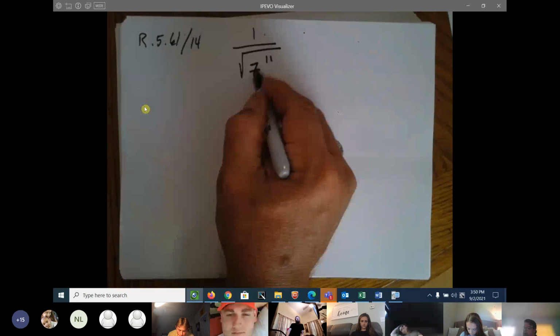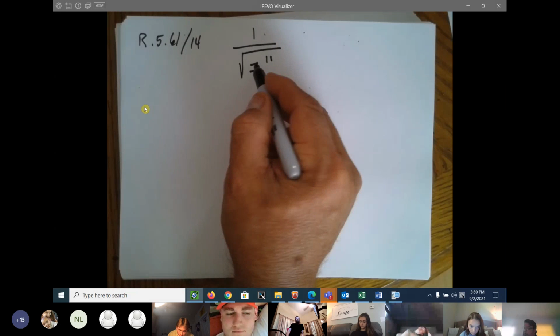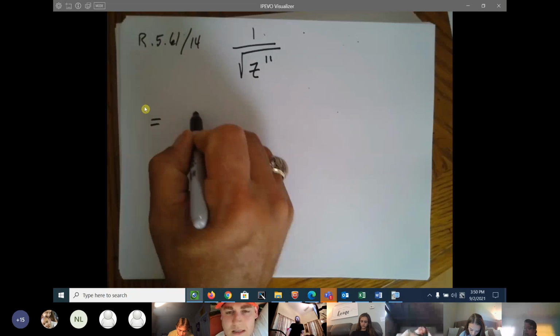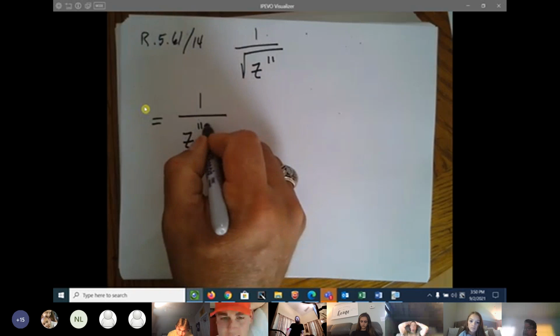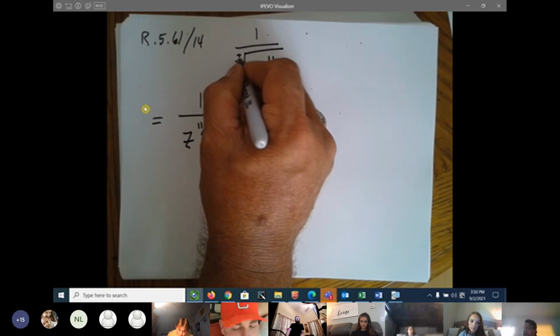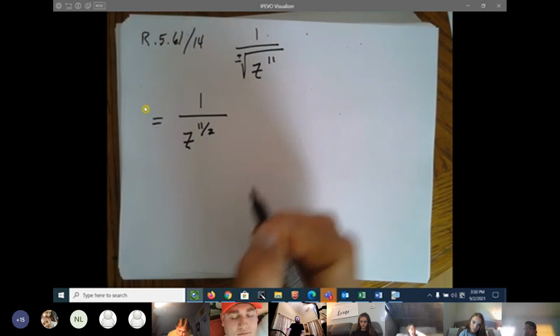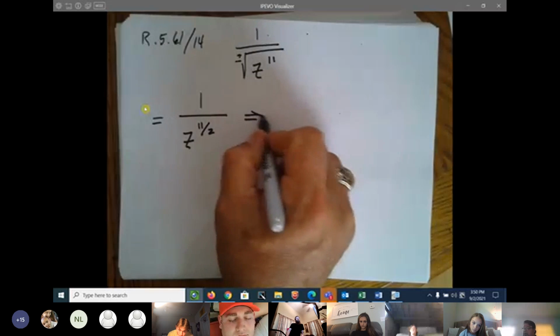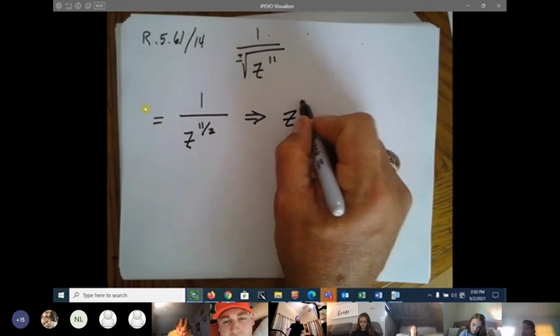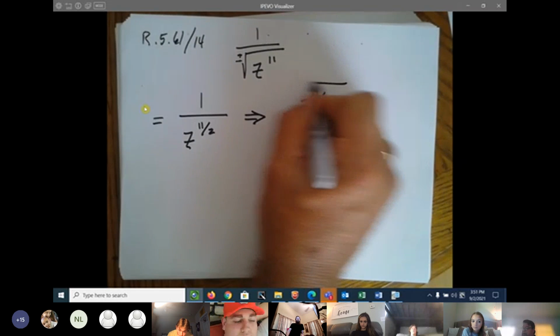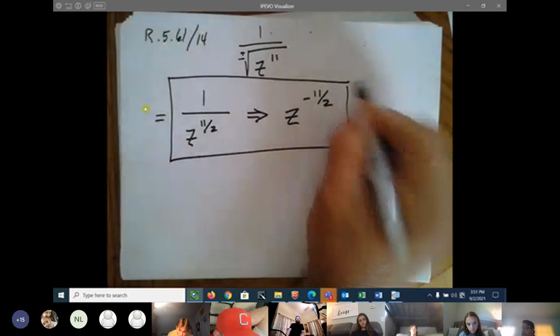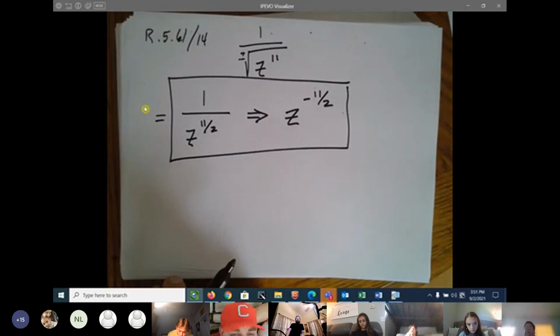That's going to be 1 over z to the 11th, exponent over index. That's a 2 because there's nothing there. So that'll be 2. And you could rewrite that as z to the negative 11 over 2 if you wanted to, but those are the two answers that you could type in.